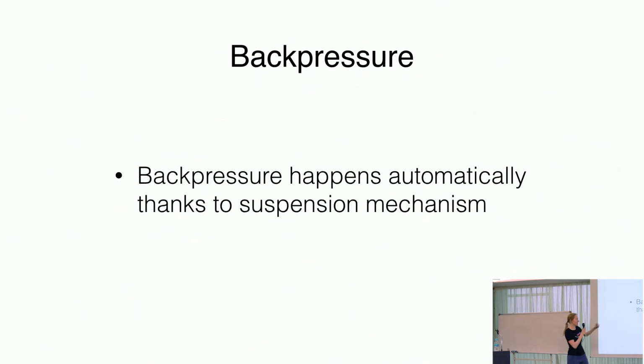It's not easy to implement custom operators because you have to think about back pressure. In the Kotlin Flow case, back pressure happens automatically, pushing information back to the source of events happens automatically thanks to suspension. That is the major benefit of Flow in comparison to RxJava, because it has this suspension machinery under the hood.